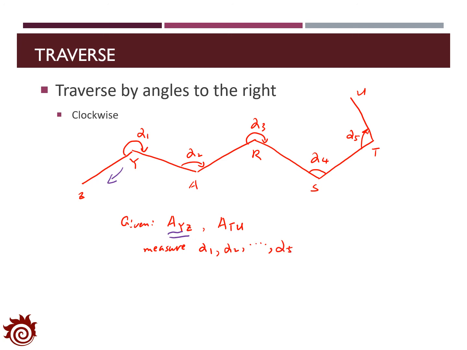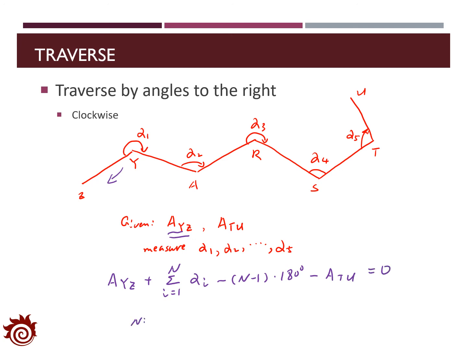With that, we can find out our equation. The azimuth of YZ plus the summation of i equal to 1 to n, where n is the total number of the angles we measured, alpha i, minus (n minus 1) times 180 degrees, minus the azimuth of TU will be 0.